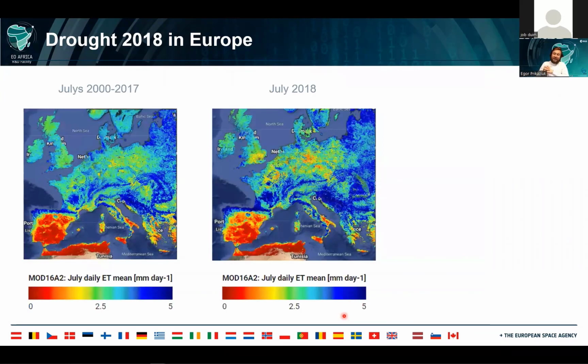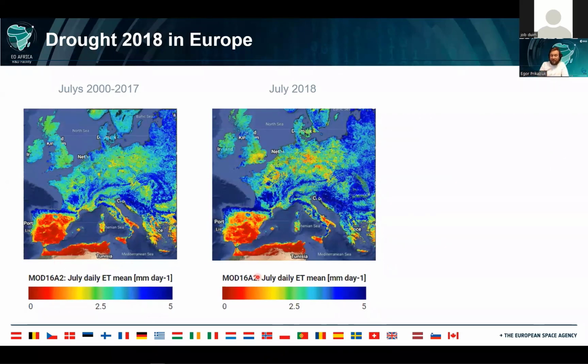If we look at this picture from the point of view of evaporation, the topic of today's lecture, we just look at the map, we don't see such a big difference. That was the evaporation rate in the previous Julys, from the year 2000 to the year 2017: approximately 2.5 millimeters per day, 5 millimeters per day, depending on the area.